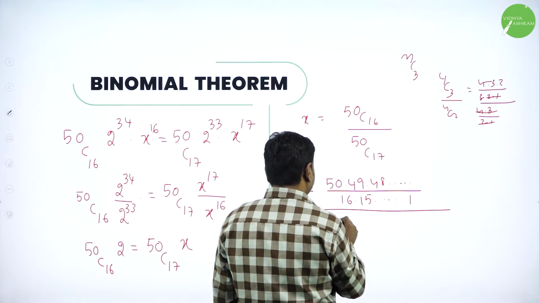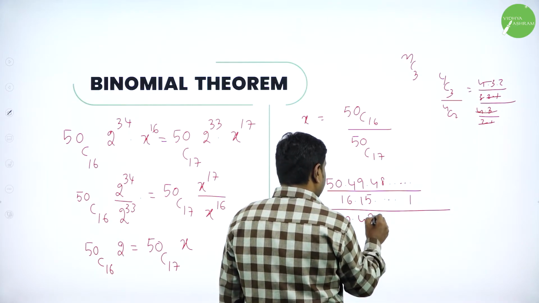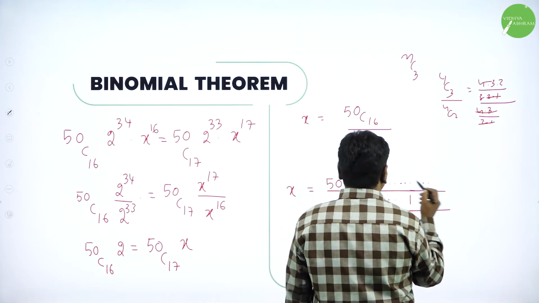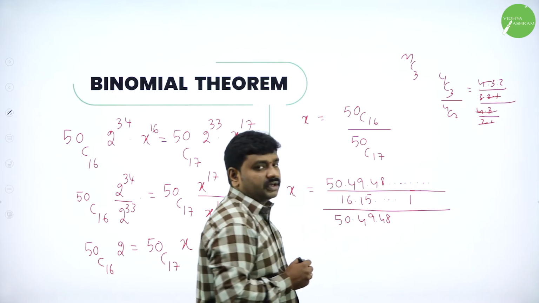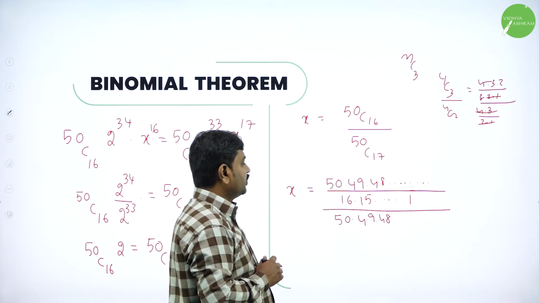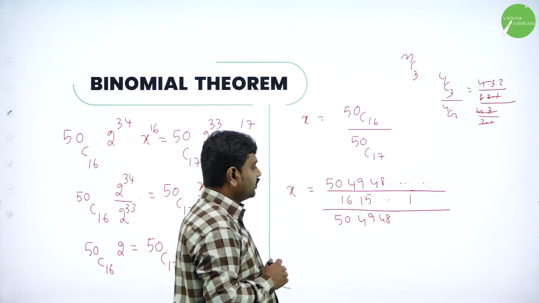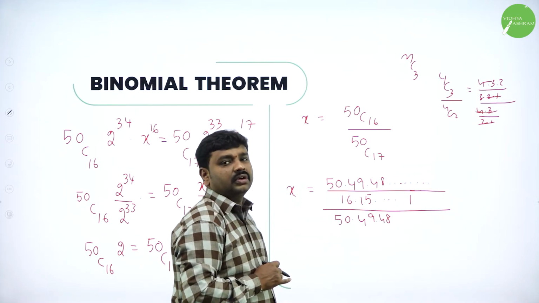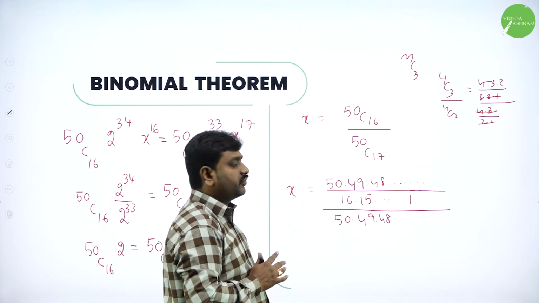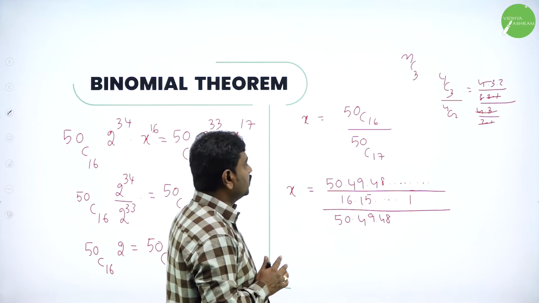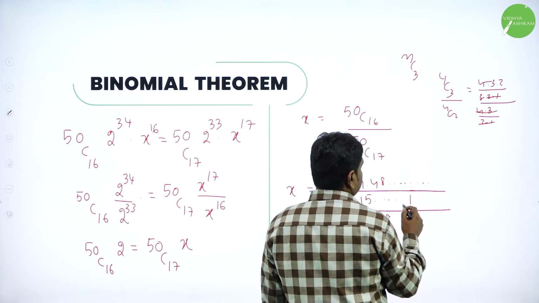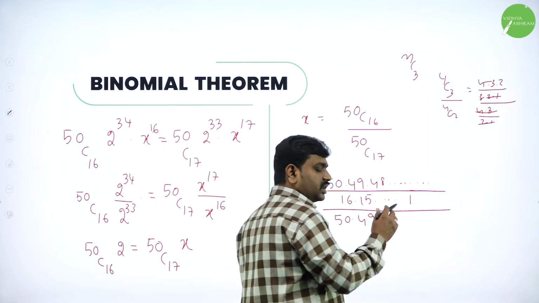Denominator also 50, 49, 48 till we have 16 terms. 10 terms means I'll reach 40. 16 terms means from there 6 more terms.